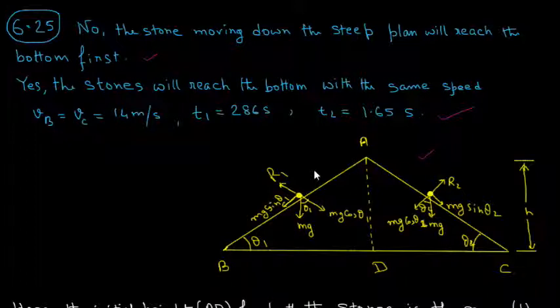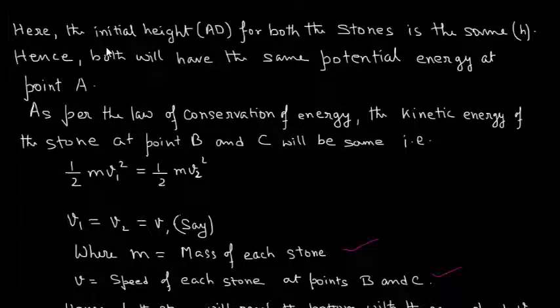The height is h. Now here the initial height AD for both the stones is the same, that is h. Hence both will have the same potential energy at point A.